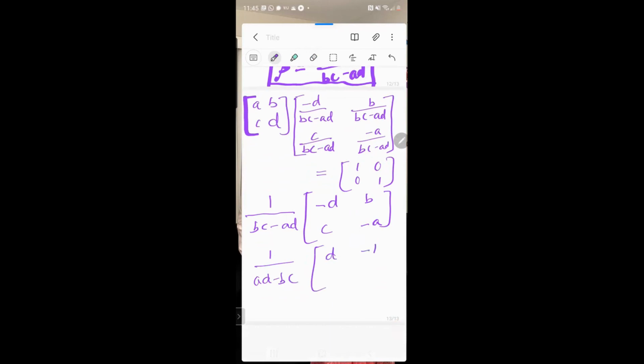So this is D, minus B, minus C, A. These two are of course equal because I just multiplied with minus 1. Does this make sense? So for my given matrix A, this is the inverse.